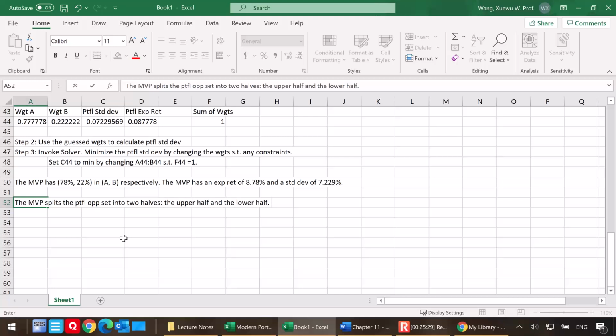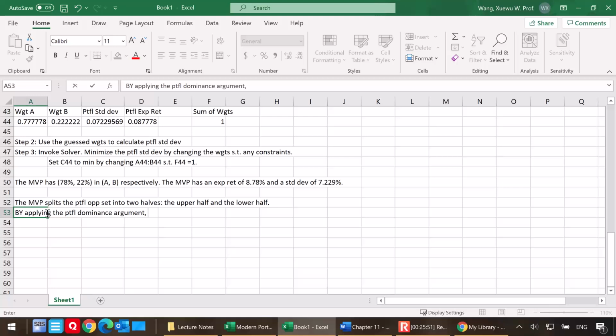Now we're going to talk about something called the portfolio dominance argument. There's a lot of notes here, but that's okay. I think it's actually useful for you to understand the intuition.